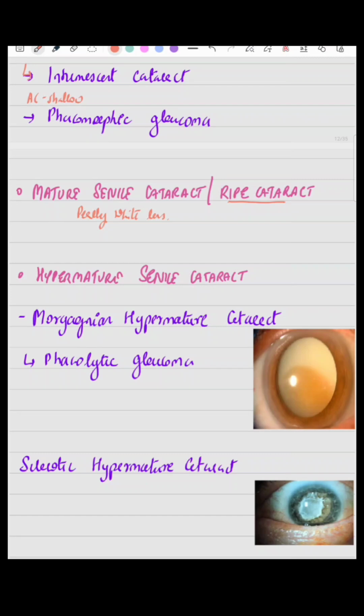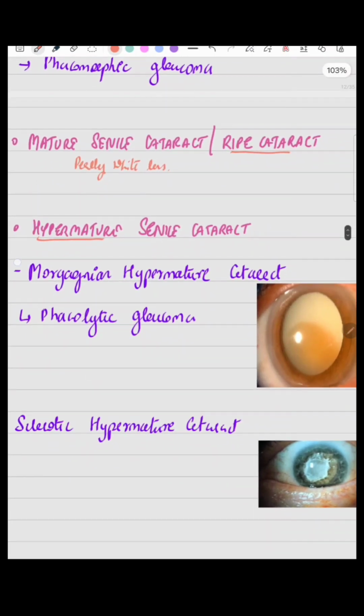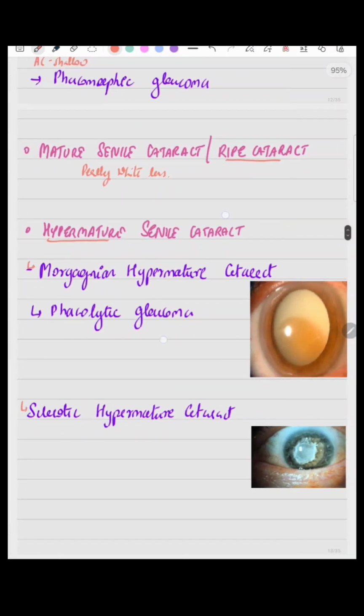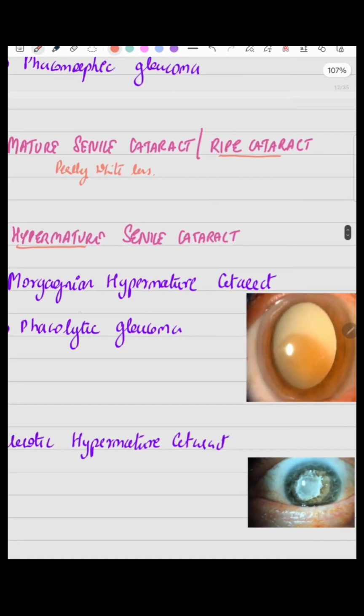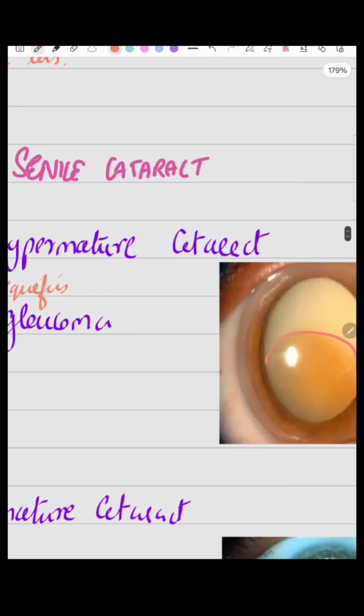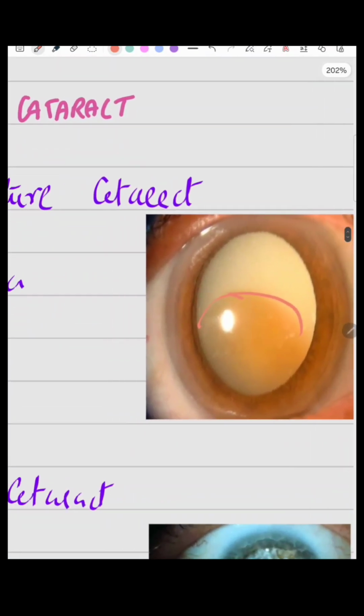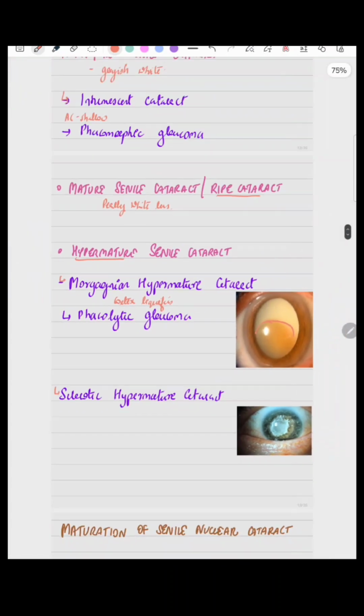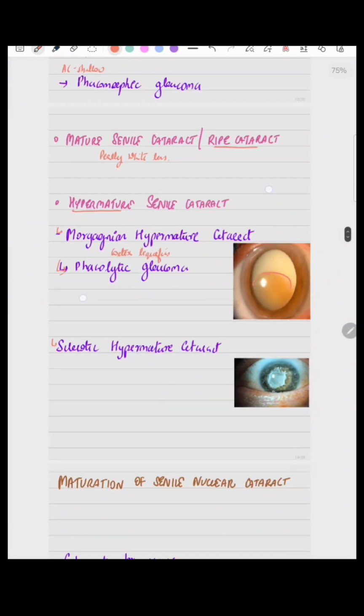Next is hypermature senile cataract. It can either be Morgagnian hypermature cataract or sclerotic hypermature cataract. In Morgagnian hypermature cataract, the cortex liquefies and the brown nucleus settles at the bottom, which can lead to phacolytic glaucoma.